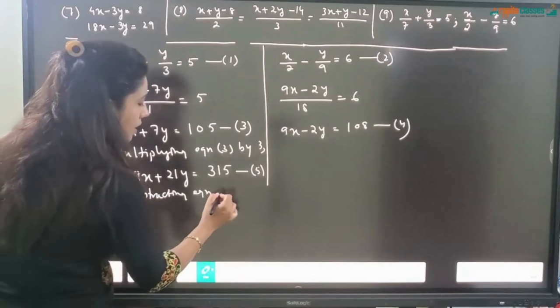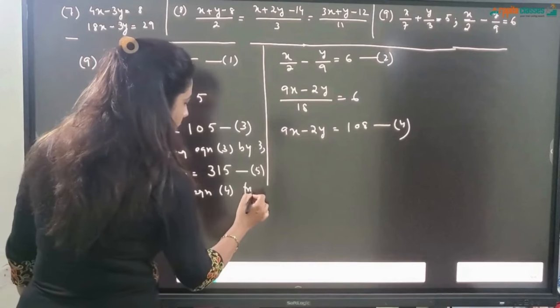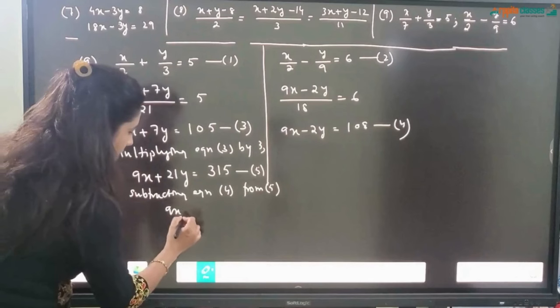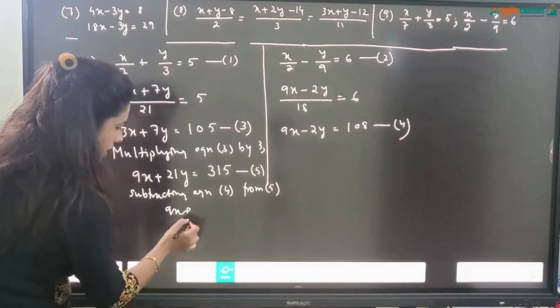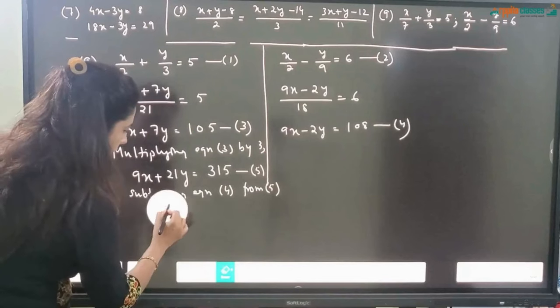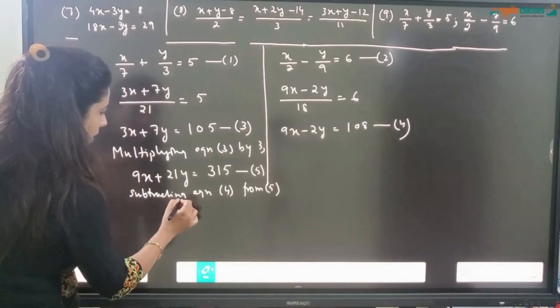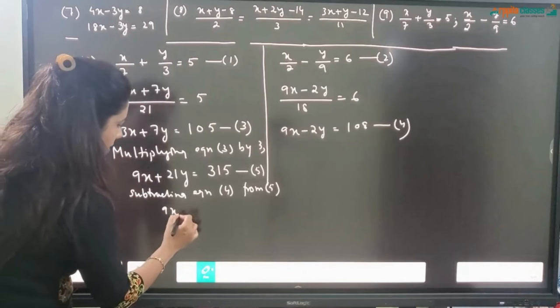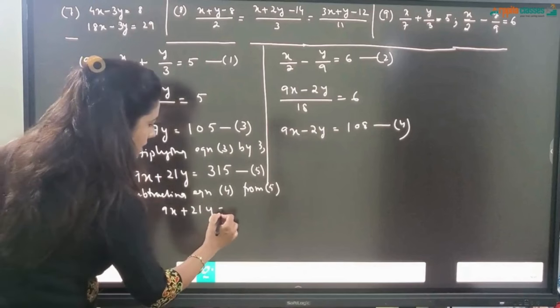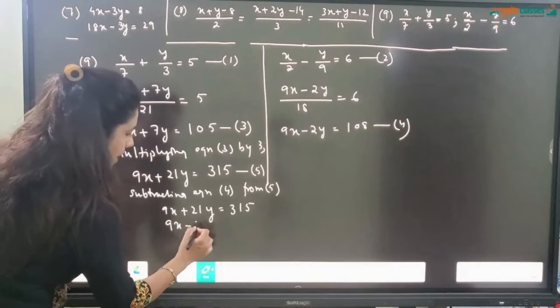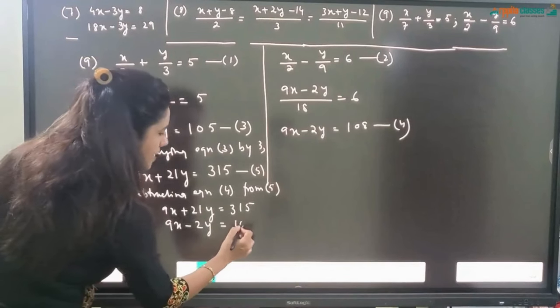equation 4 from 5. So first I'll write equation 5, that is 9x plus 21y is equal to 315. The other equation is 9x minus 2y is equal to 108.